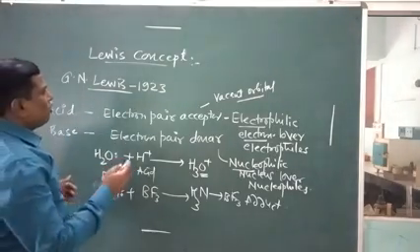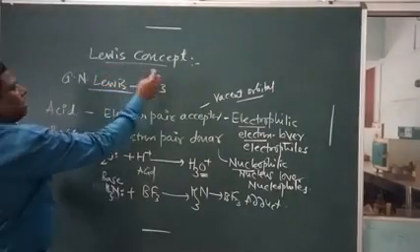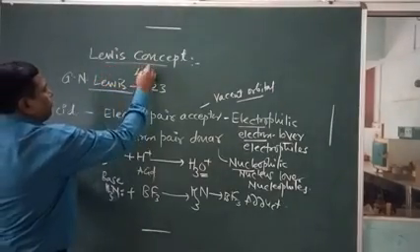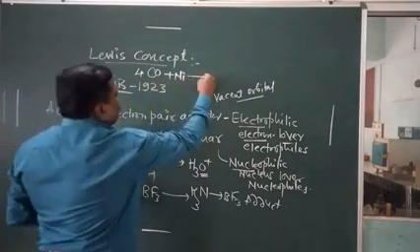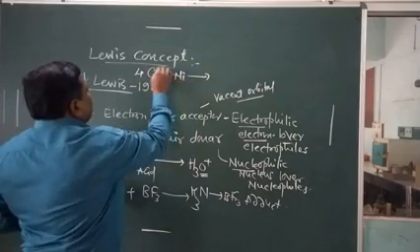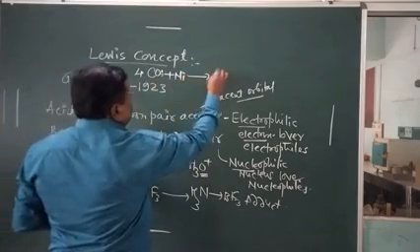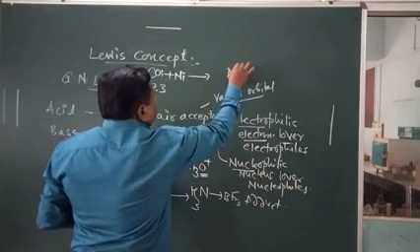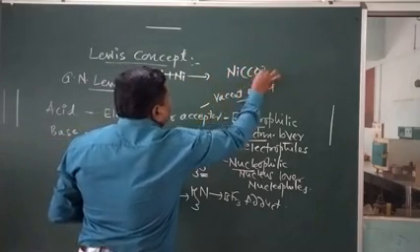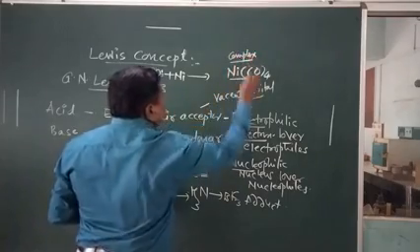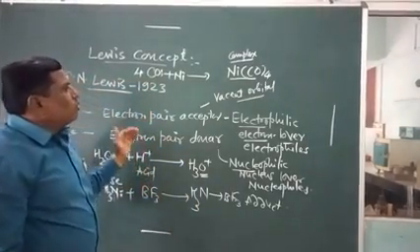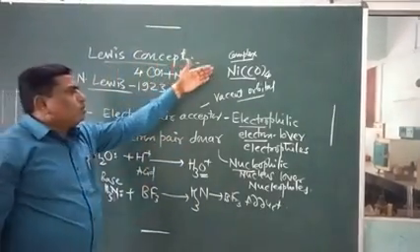Now also, if we take 4CO plus Ni, here there are vacant orbitals and electrons, and therefore Ni(CO)4 is formed. This complex is described by coordinate bonds.